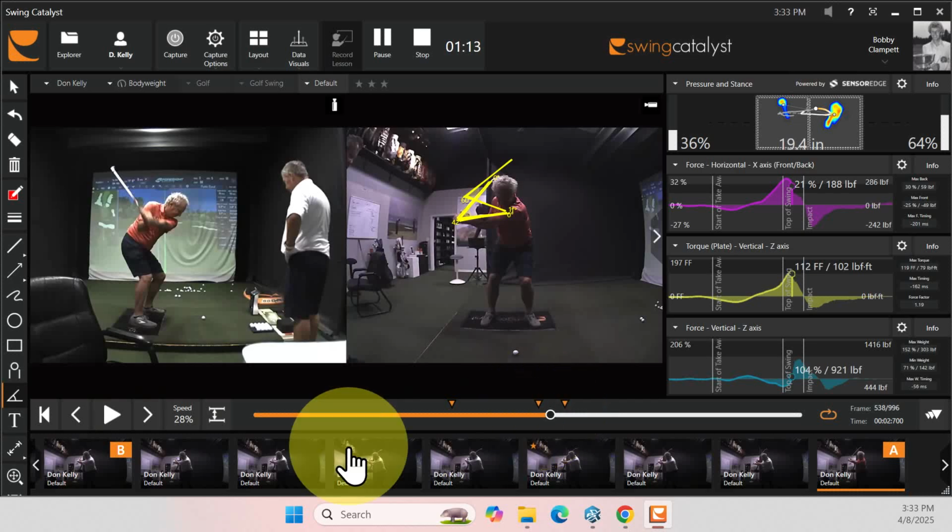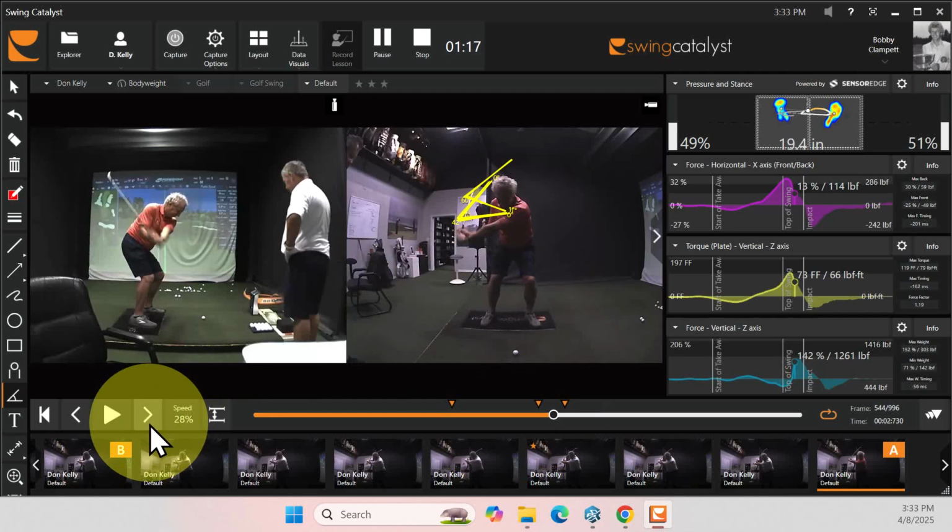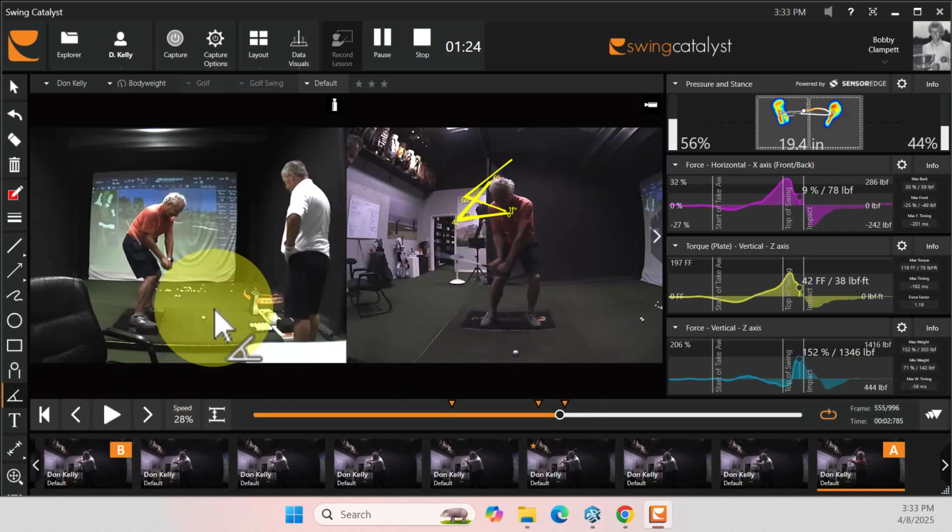Why is that important to creating better impact? Several things. One, the longer I can maintain that into the downswing, and one of the monikers that I look for is when the butt of the club right here gets to the inside of the trail leg, I want to see the club shaft at parallel, or even in this case slightly better than parallel in a lag position.